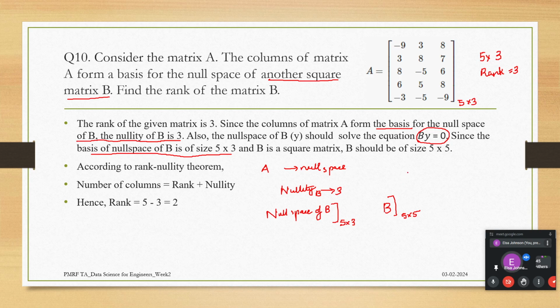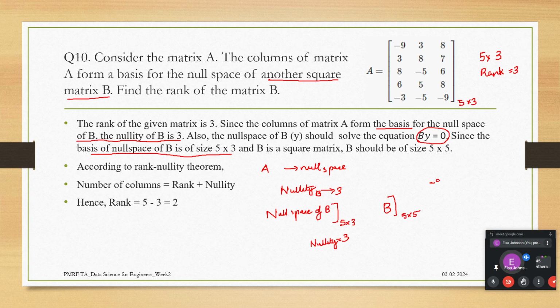So B is a square matrix of size 5, and the null space is given like this. The nullity of B is 3, as we have already mentioned, and this is a 5 by 5 square matrix. We don't know what the other rows are, because only 3 of the columns are forming the basis. We don't know the other 2 columns.